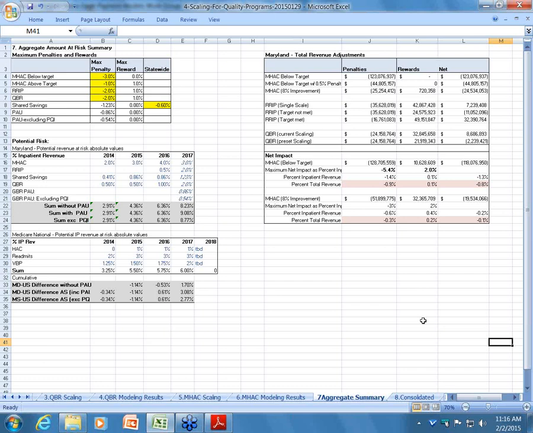The national numbers do not put 100% of the Medicare inpatient revenue at risk, correct? I mean, there is a base, so these percentages haven't been adjusted for that difference. The base percent of inpatient is not 100% of the inpatient Medicare revenue, whereas in our program it is.